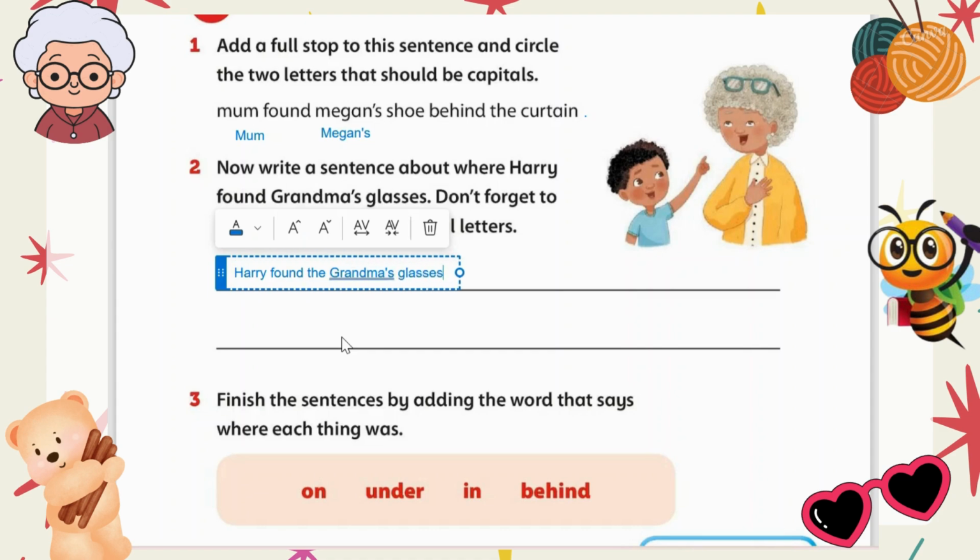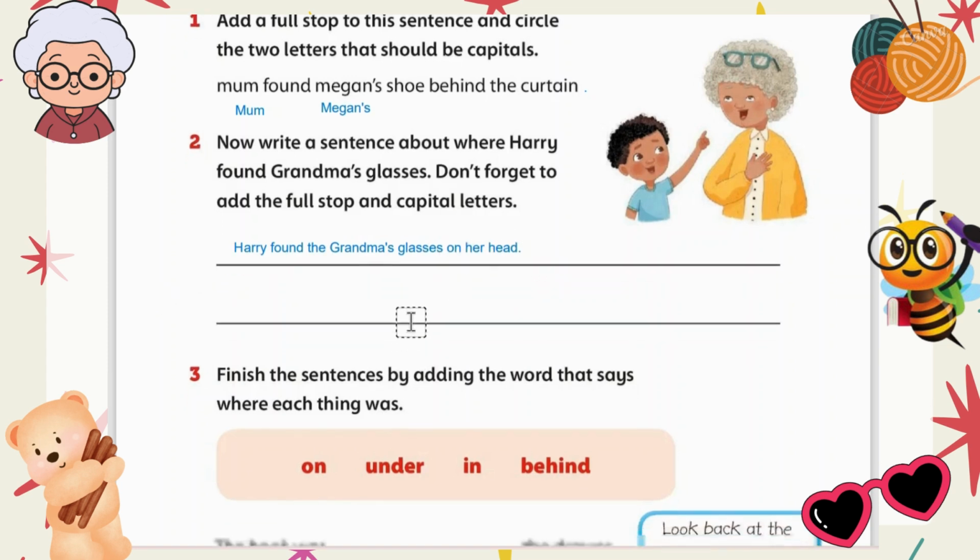Grandma's glasses on her head and then full stop. So Harry found the grandma's glasses on her head. So this will be our answer. Harry, H is capital, grandma's, G is capital, glasses on her head and full stop.